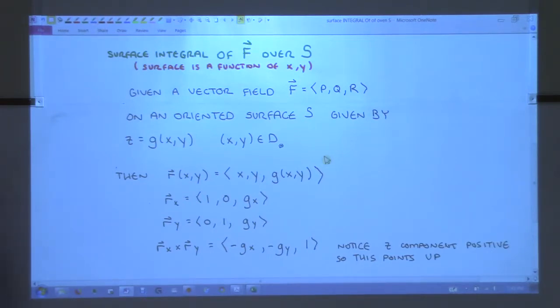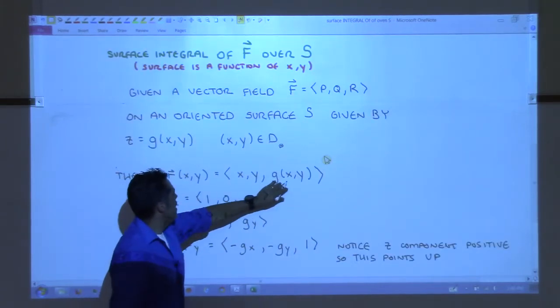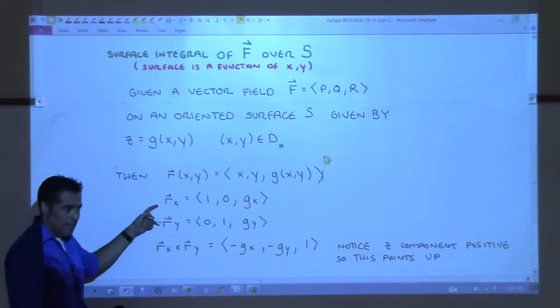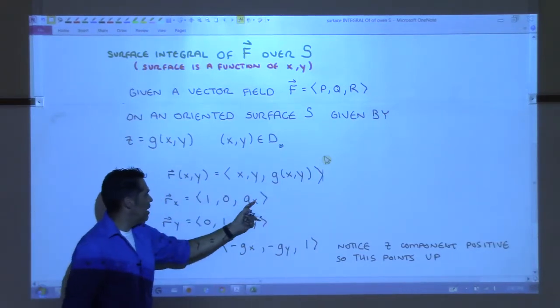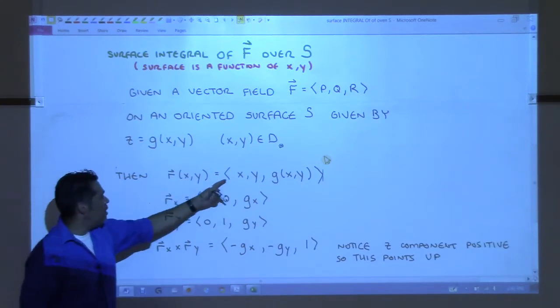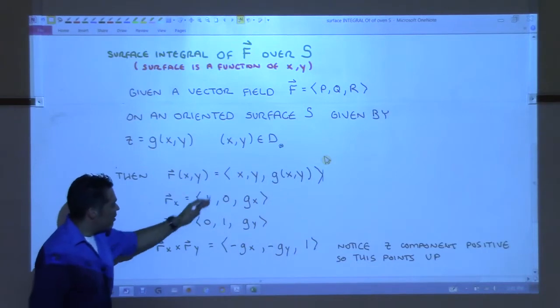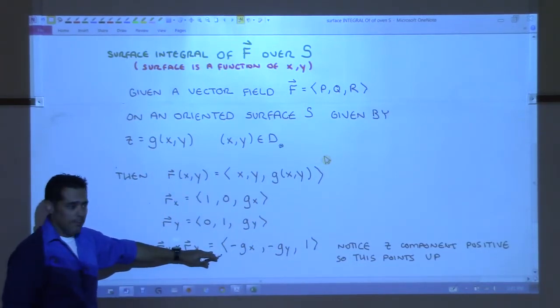Okay, so we have this, and now if I take the partial of this with respect to u, which is really the x, then we get 1, 0, and then partial of that with respect to x. Partial of that with respect to y would give us 0, 1, and then that partial with respect to y. If I cross those, I get this, and now that goes into our formula.